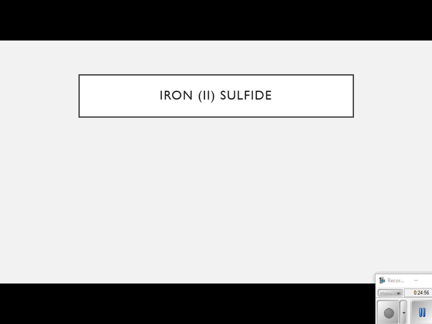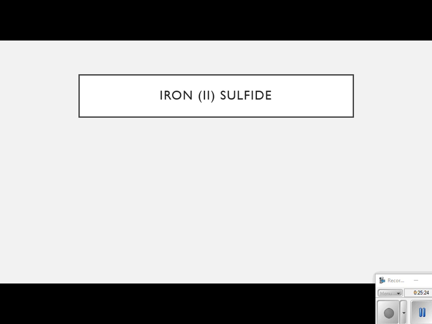Iron 2 sulfide. Roman numeral 2. Those aren't II, those are Roman numeral 2. So find iron. What charge can iron take? A 2 plus or a 3 plus. I've even seen iron take a 6 plus.